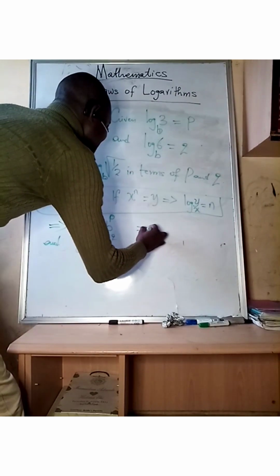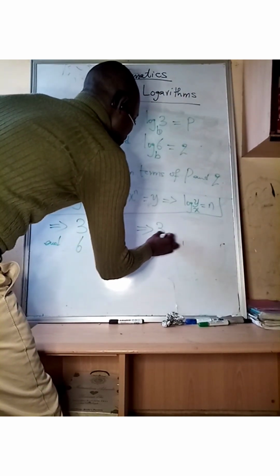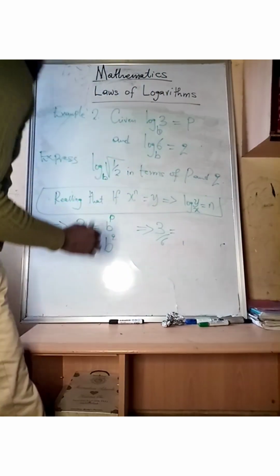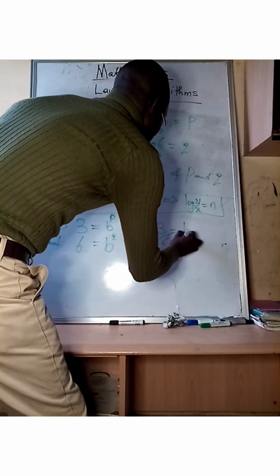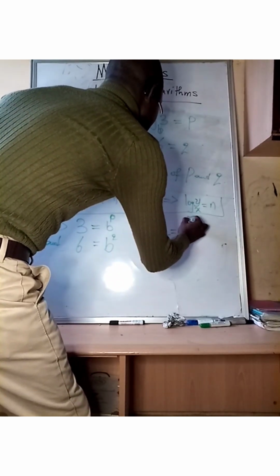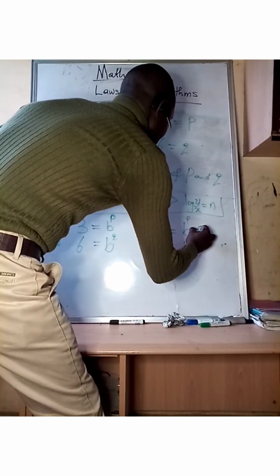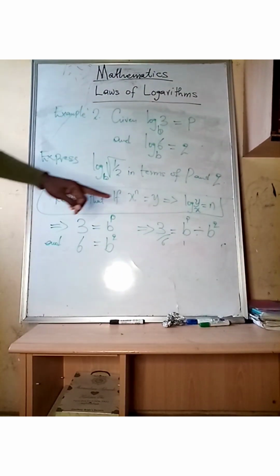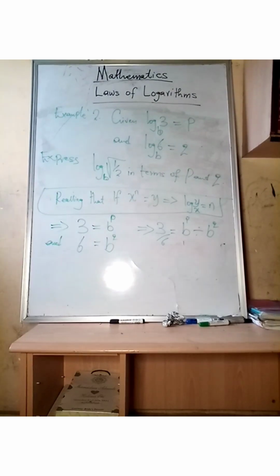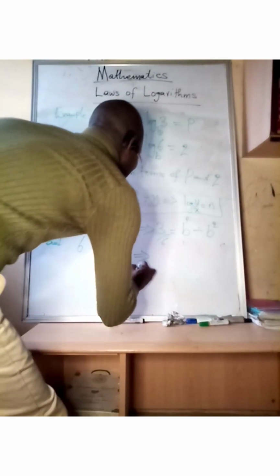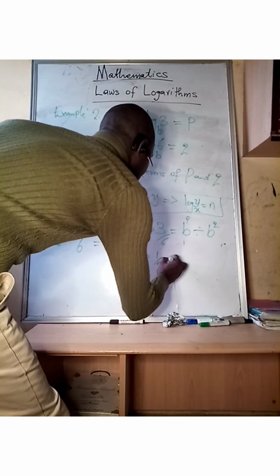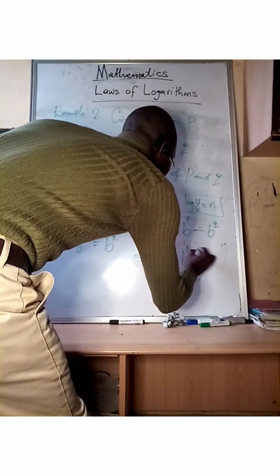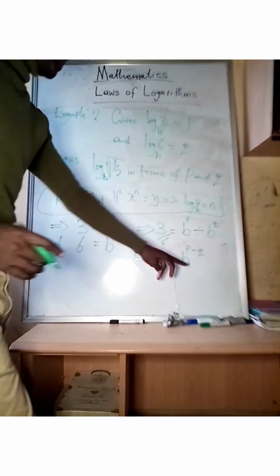It implies that 3 over 6 is equal to b raised to power p divided by b raised to power q, and that takes us back to indices. So it implies 1 over 2 is equal to b to the power of p minus q, indices also.